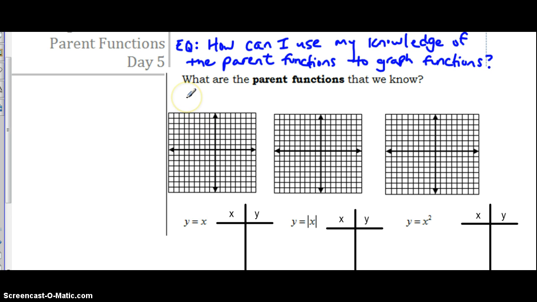So that's our linear function. That's one that we know. Our y equals absolute value of x is our absolute value function. And our third one is the quadratic, or y equals x squared.